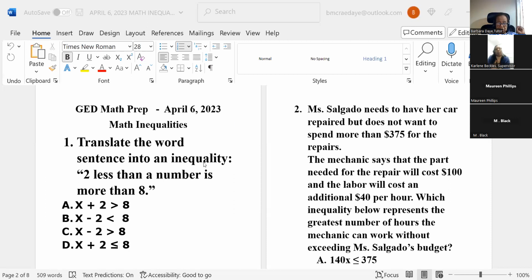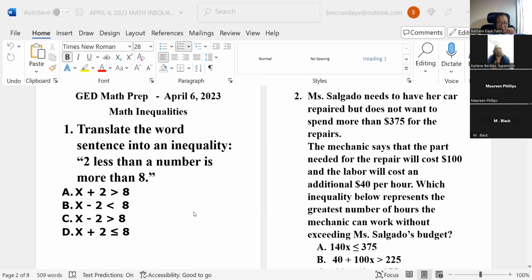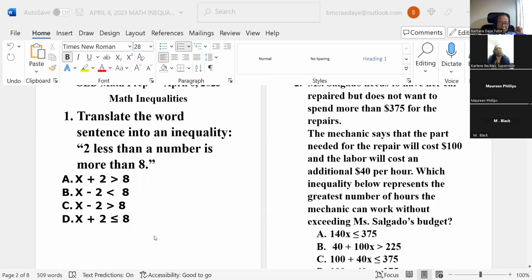Okay. Now, do you see the screen, math inequalities? Translate the word sentence into an inequality. That's the first question. 2 less than a number is more than 8. Anyone want to tell me what it is? Look at your choices.